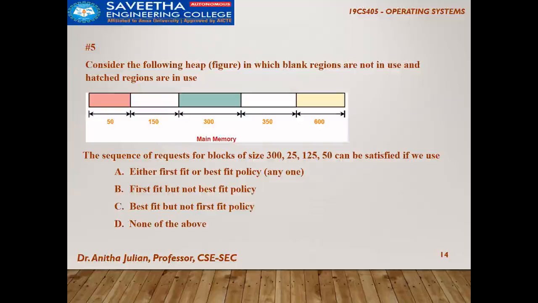So the sequence of requests 300, 25, 125 and 50 can be satisfied if we use which partition method? If we use it, we can fit these four processes. That is what they are trying to say. So either first fit or best fit policy. If we use either policy, will it be allocated? That is what they are asking.